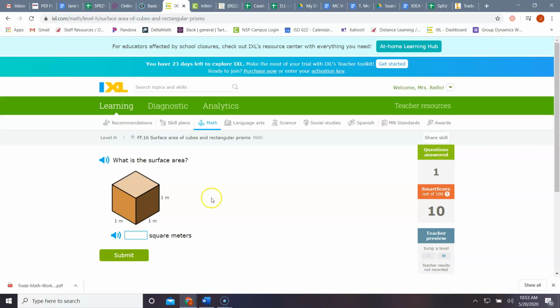The other thing that you can think of, so this one here is going to be fairly simple and straightforward. We're going to use the exact same 2 times our big B, which equals the area of the base, plus P times H, the height of our object.